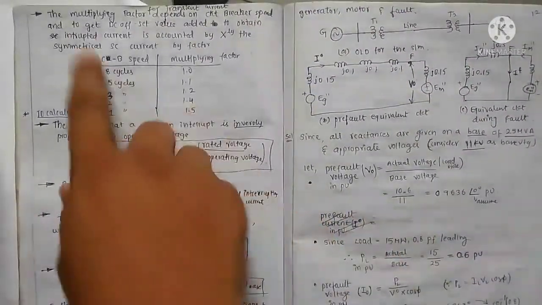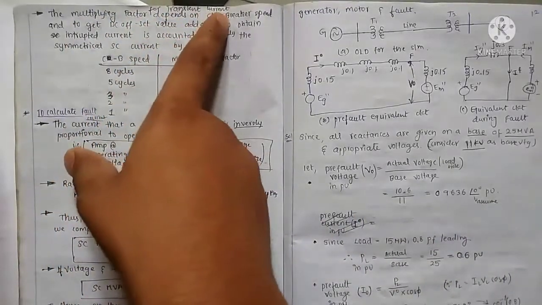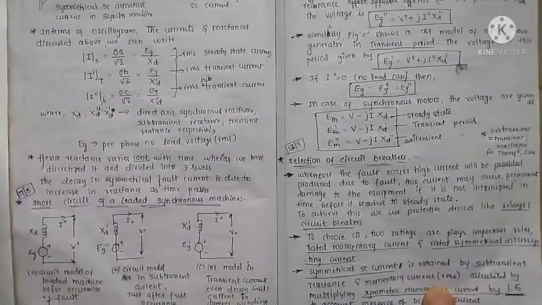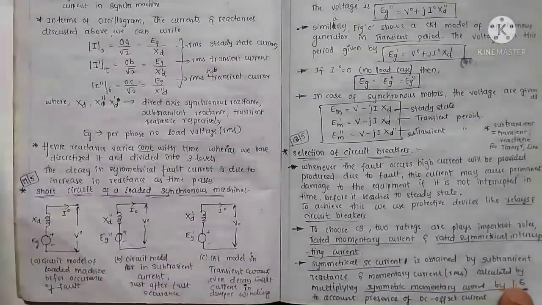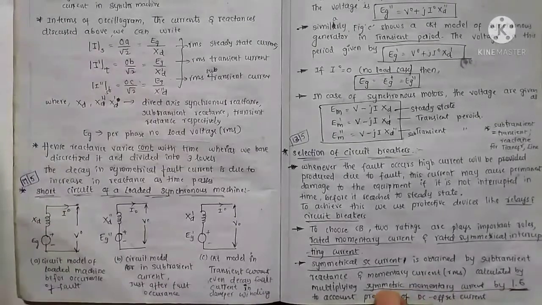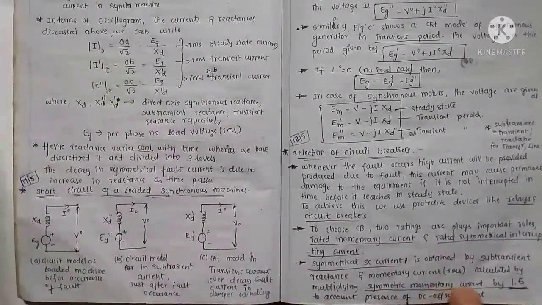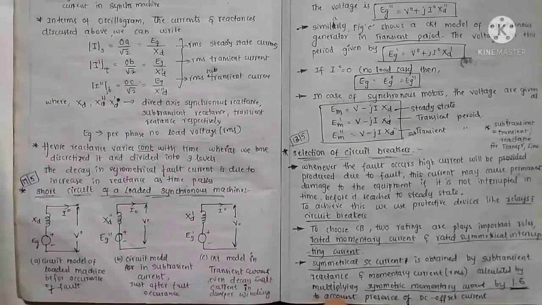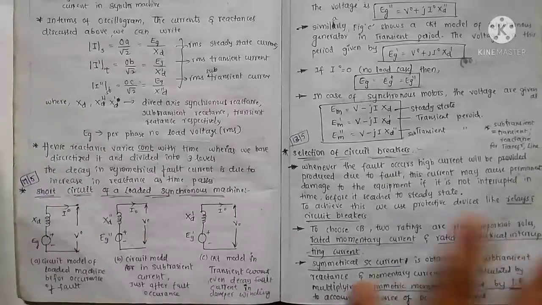Okay, these are the multiplying factors for transient current. For selection of a circuit breaker, the subtransient current is multiplied by a factor of 1.6. Remember this point. What is this point? The symmetrical momentary current is multiplied by 1.6 to account for the presence of DC offset current.